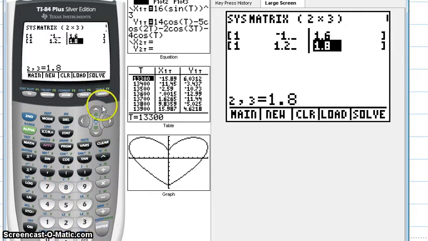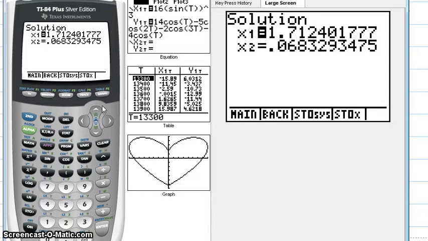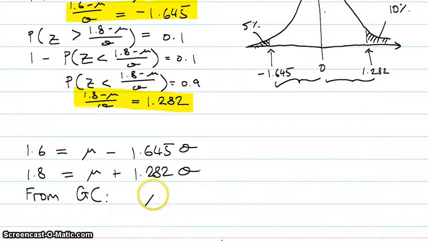And we can solve this, which is taking a long time apparently. I hope yours is faster. And we get x1, which was our mu, to be 1.71, and our x2, which was our sigma, to be 0.0683. So from GC, we're able to get mu equals 1.71 and sigma equals 0.0683.